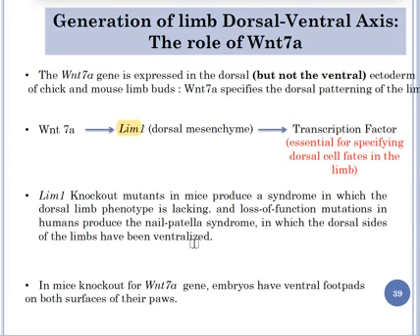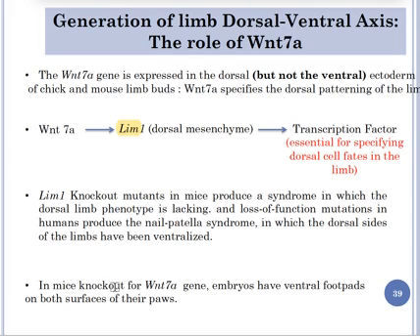We have a defect in this bone, but also in these persons the dorsal sides of the limbs are ventralized. We don't have any dorsal side formation, especially for the nail, where the location of the nail has been replaced by ventral structure. We don't have any normal nail formation.